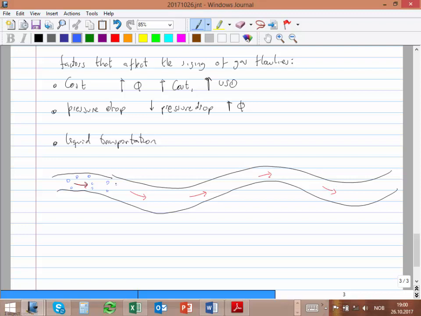But if for some reason the velocity is not high enough, that means I have a very big pipe, then the liquid will start to accumulate at the lower part of the section.